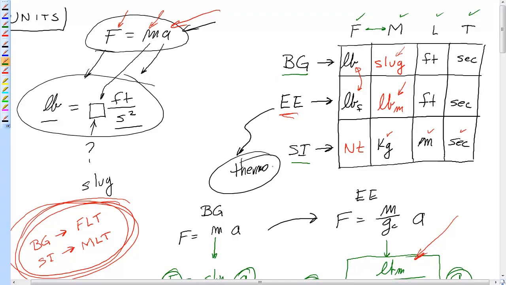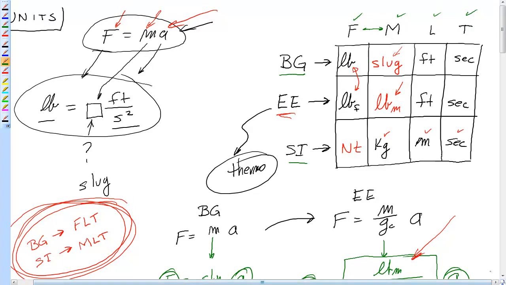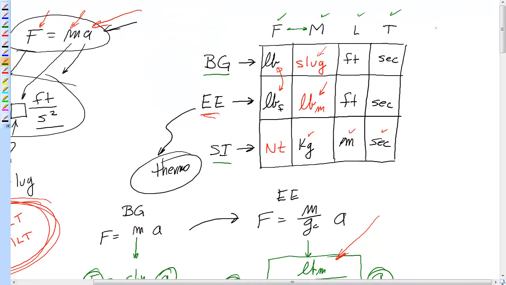Later in the course, we're going to add another column here, and since T was already taken up, we'll have to use something else for temperature. And this is, okay, if it's BG, usually it's either degrees Fahrenheit or something like that. It could be Rankine, or anyway, we'll just keep it in F for the moment. And in SI, it's degrees C. Now, temperature is its own unit. It's not convertible.